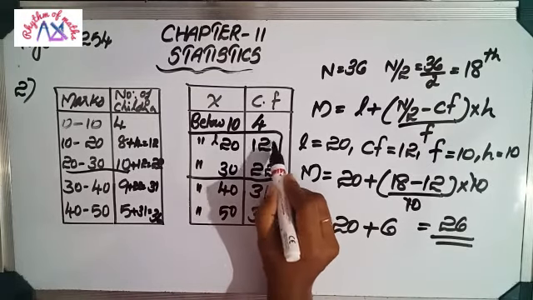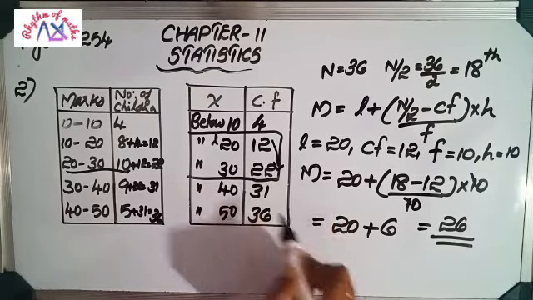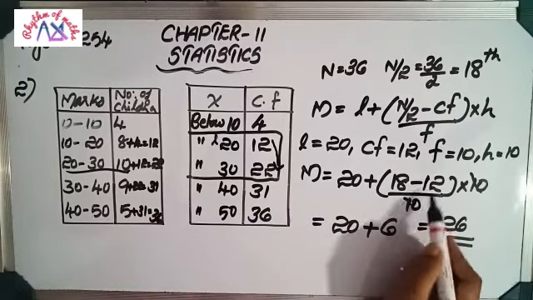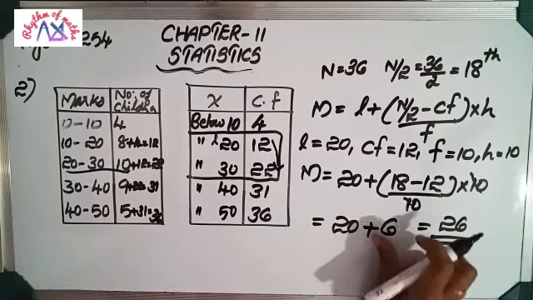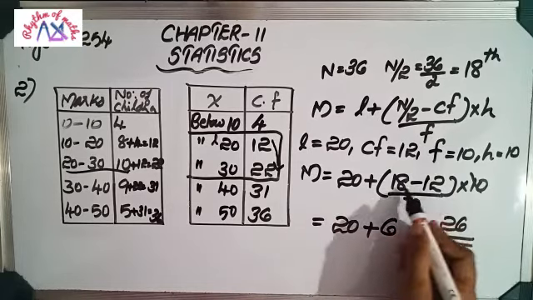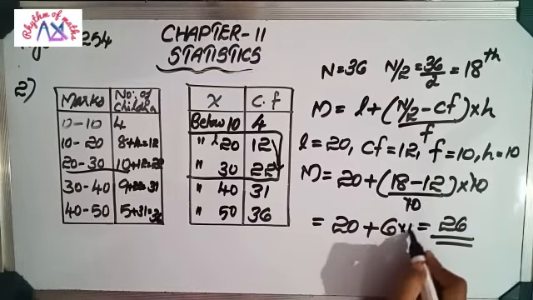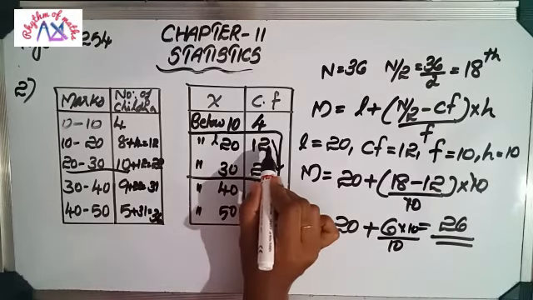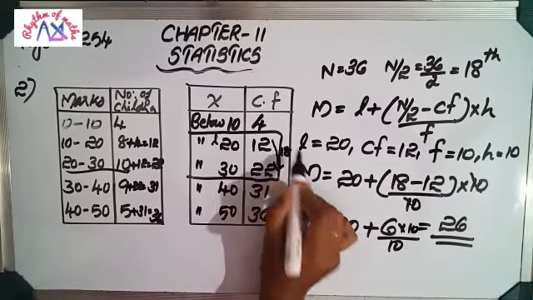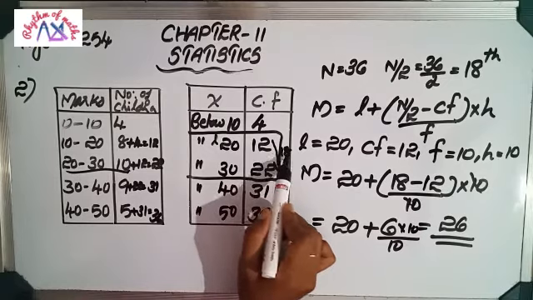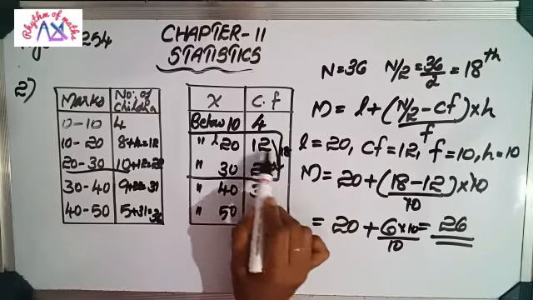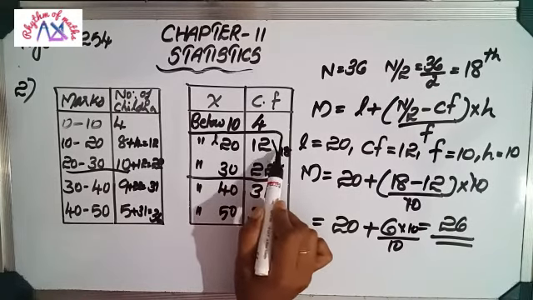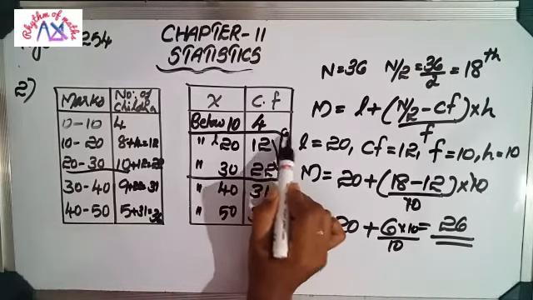When you take the difference of these two, you will get the answer as 20 plus 6 into 10 by 10. This is the answer, isn't it? So here 12, and the median class is 18. So from 12 to 18, how much is the difference? From 12 to 18, a total of 6 difference. So that is the 6.